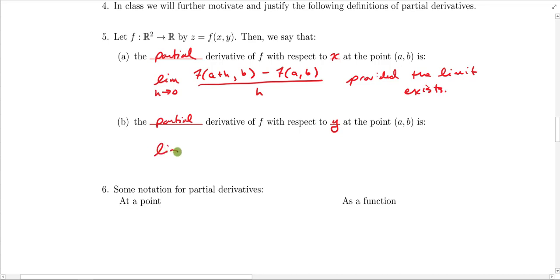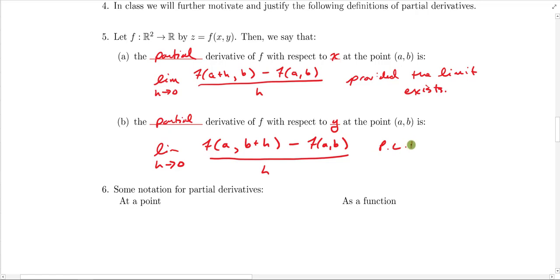It's going to be the limit as h approaches 0 of f of, here we're going to leave a the same in both cases, and nudge the y coordinate slightly by an amount h, and look at that difference. And so this is again provided the limit exists.